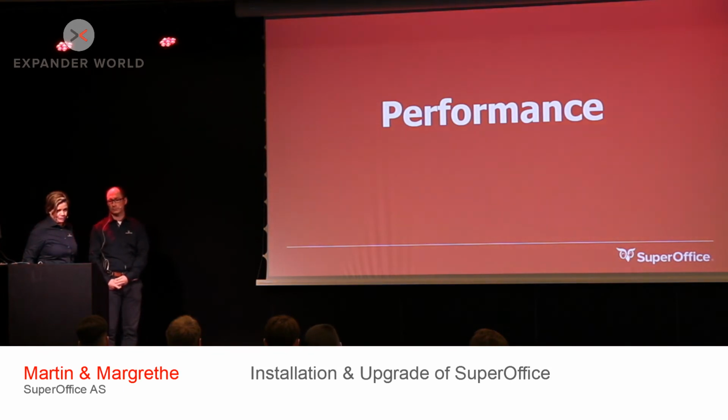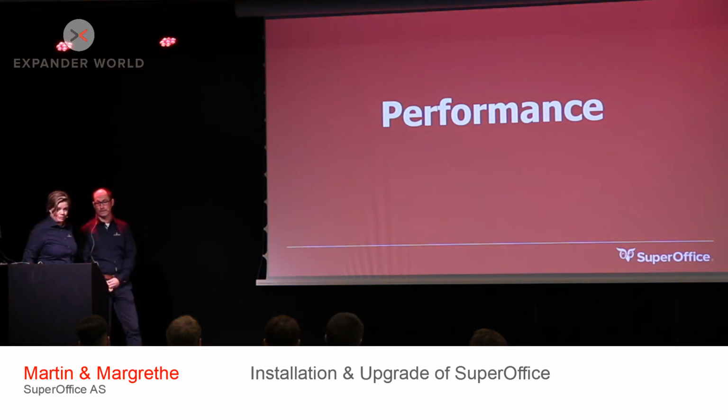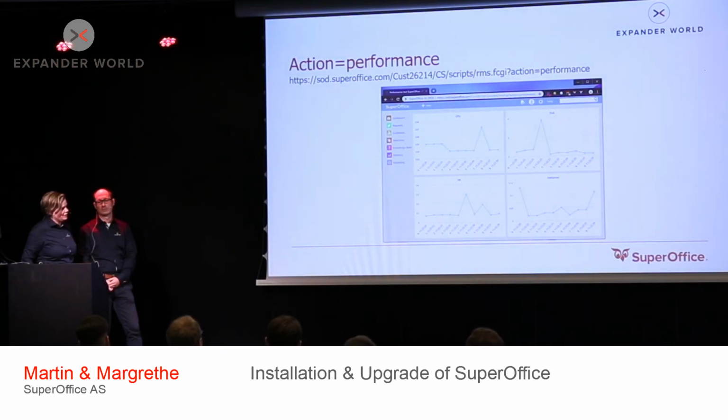I'm not sure you're all aware, but sometimes you could experience some minor issues with performance. And if that is in sales, there is a screen graph that will give you an instant look at where the problem could be. If this is an intermittent performance problem, then this won't help you.